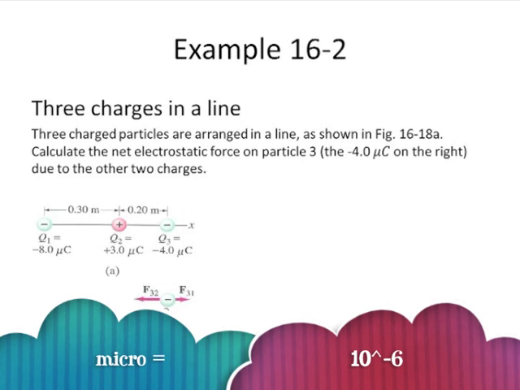The first force that we could talk about is the force of 2 on 3. So if we start at the charge, we know that they are oppositely charged particles, so it's going to pull inward towards the positive charge. So it's going to pull the negative towards it.